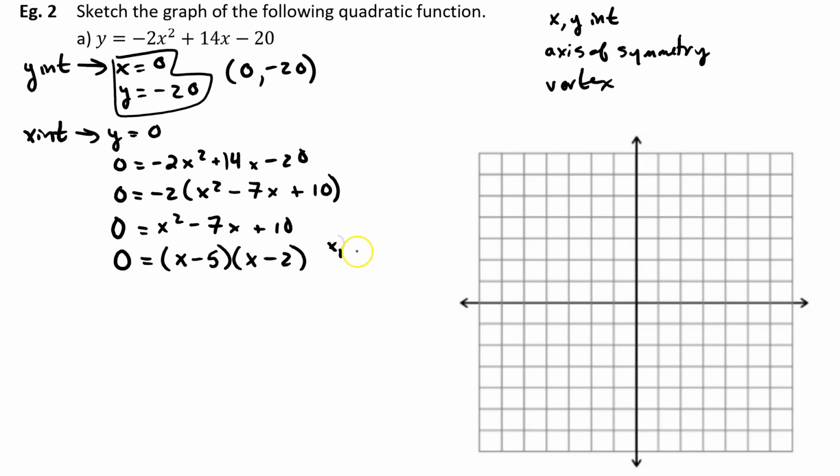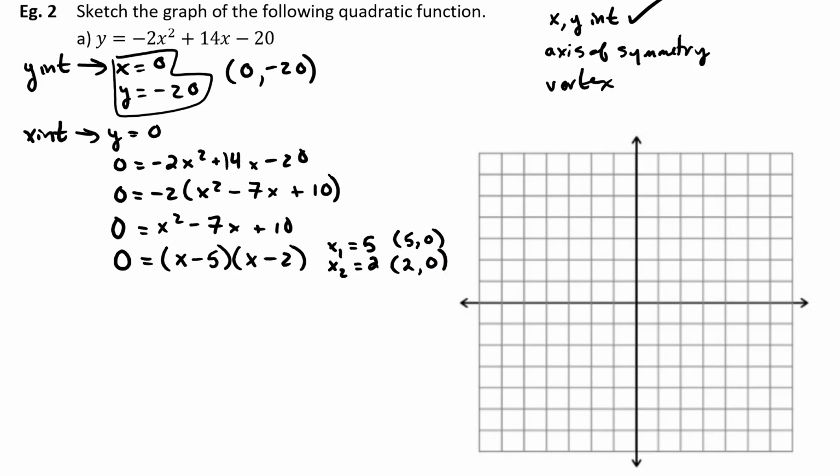So my x1 is 5, and my x2 is 2, because all I'm doing is solving using factoring. If I were to put that in coordinate points, that would be (5, 0) and (2, 0). So I have all of my x and y intercepts.